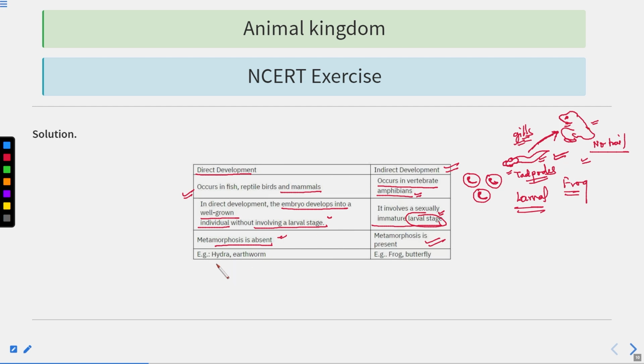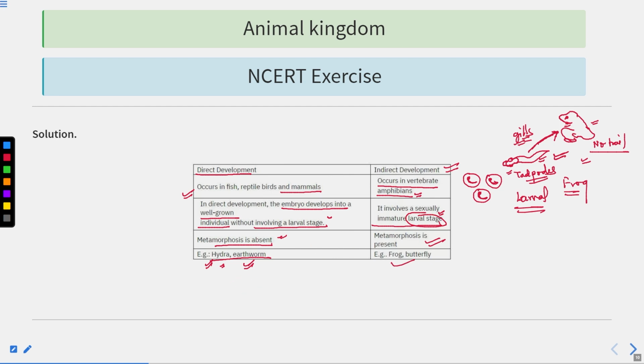Now, the direct development, if you see that, they are having two examples, hydra and earthworm. So both are showing the direct development, right? The individual is not having any larval stages.